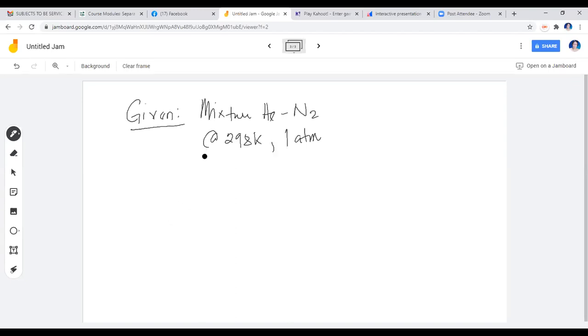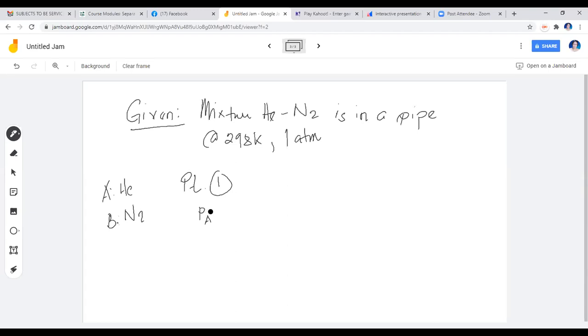Now, this mixture is in a pipe. I will not draw the pipe. From point 1, let's define A as helium, and B is nitrogen.